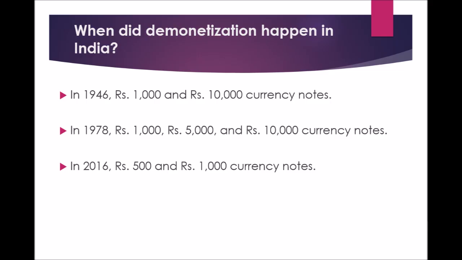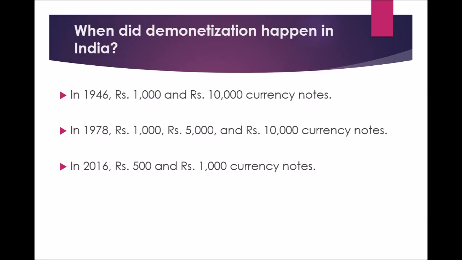Again, in 1978, the Morarji Desai government demonetized rupees 1000, rupees 5000 and rupees 10,000 to curb illegal transactions and antisocial activities. And on November 8, 2016, the Prime Minister of our country demonetized the currency notes of rupees 500 and rupees 1000.